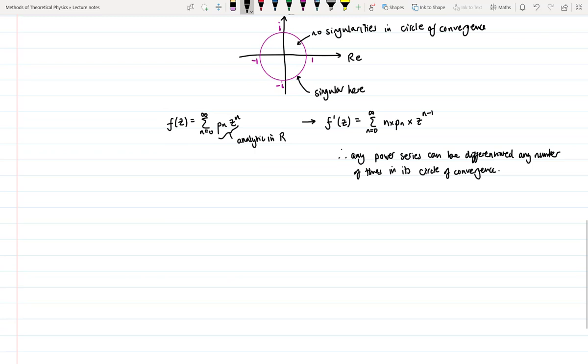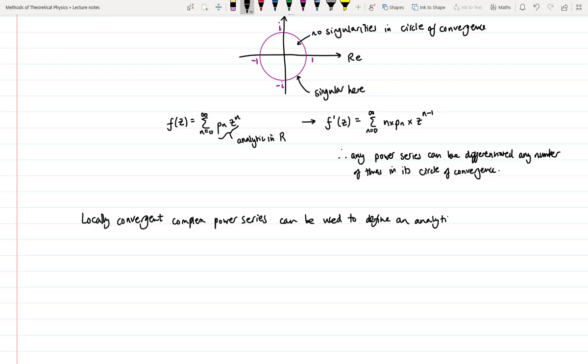A final important point that links this discussion of complex power series to our concept of analyticity is that locally convergent complex power series can be used to define an analytic complex function.